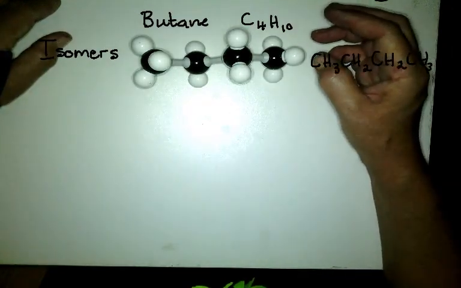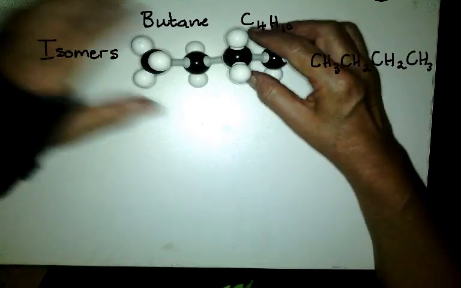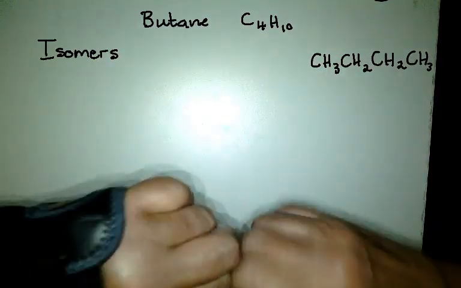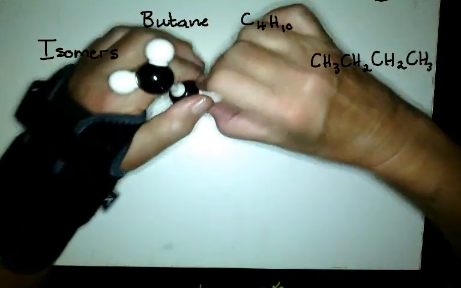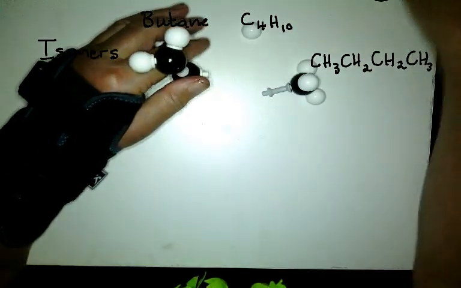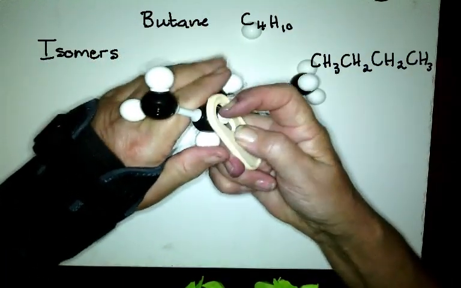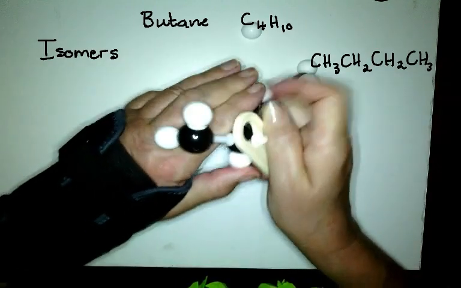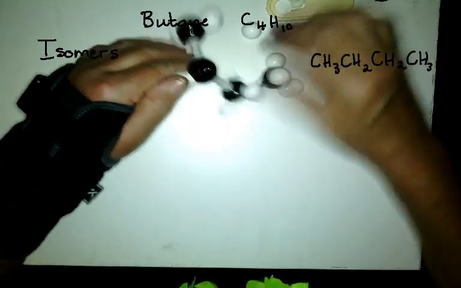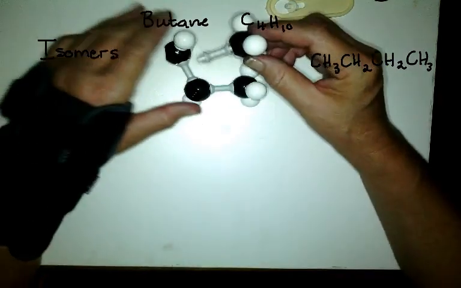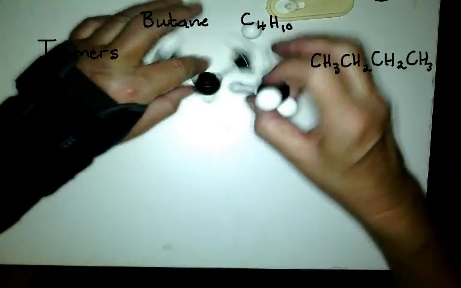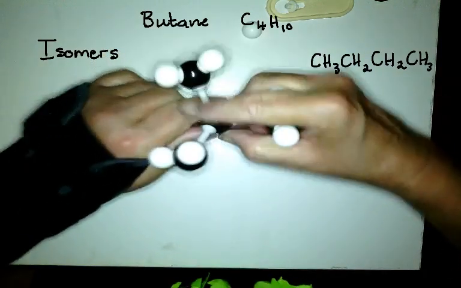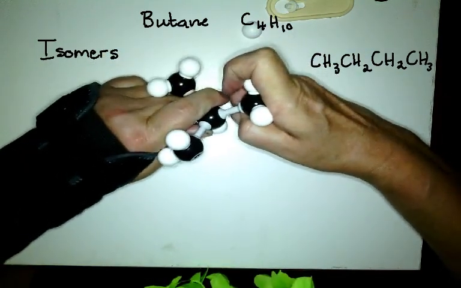But there are possibilities where the 4 atoms are not arranged in a straight chain like this. So I'm going to build an isomer, a chain isomer of butane. You see, what we could have is a situation where there are 3 atoms in a chain and the 4th carbon atom joins onto the chain as a side chain.